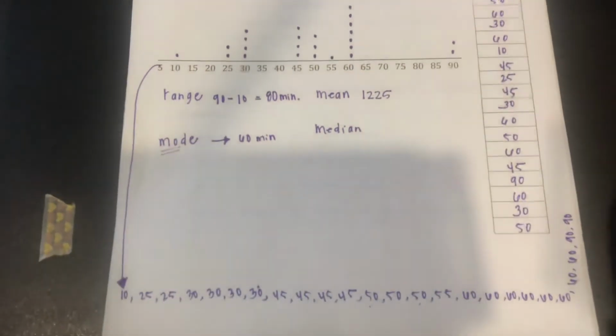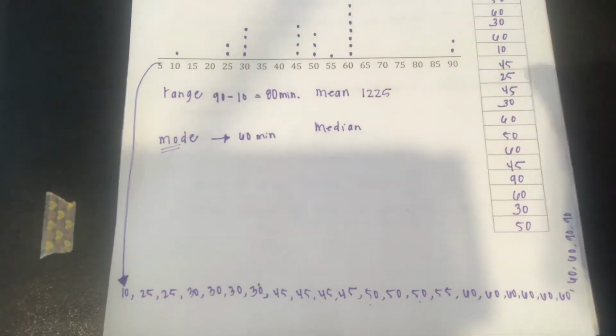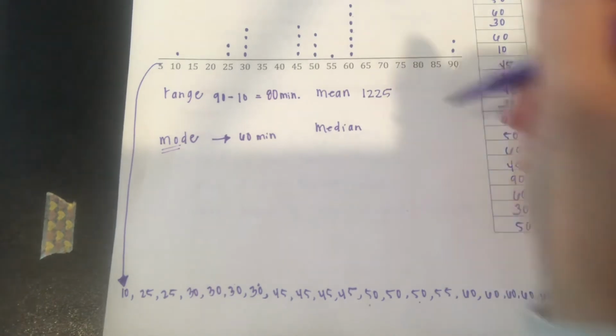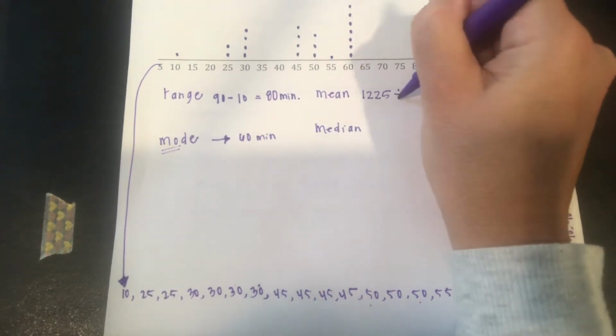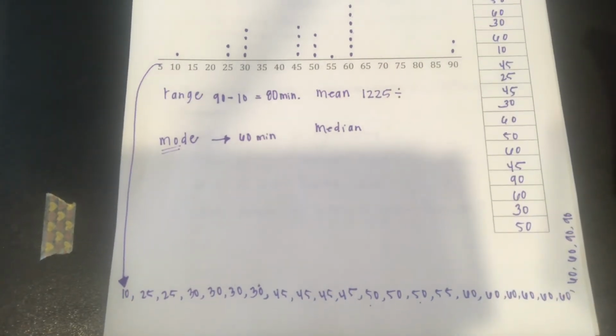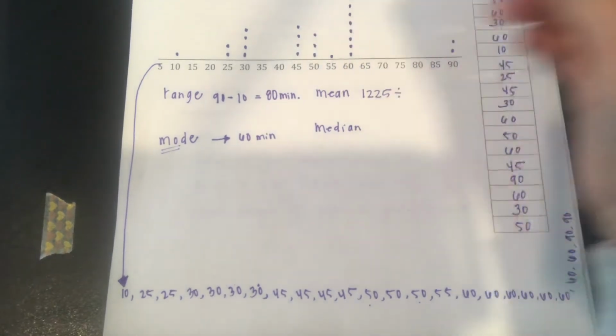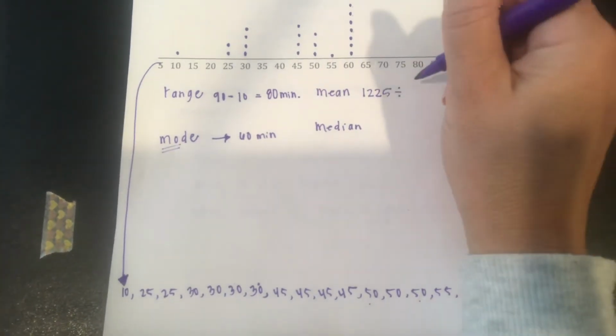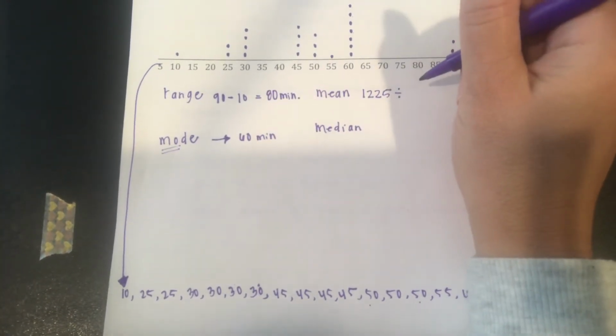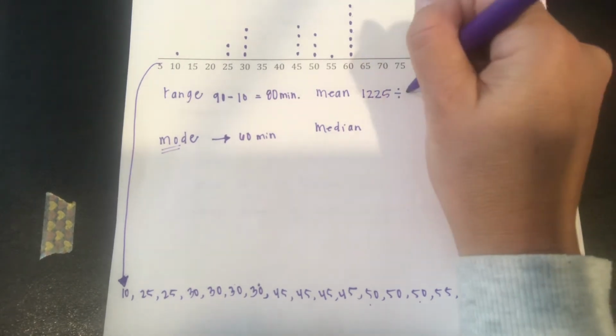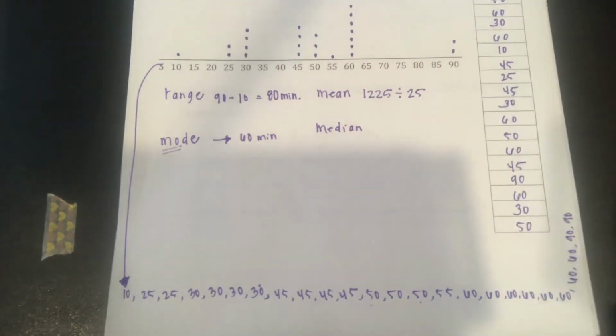Okay? Now I want to find the average. So I take the total and then I divide it by the number in the data set. And there were 25 sixth graders. So I'm going to take 1,225 and divide it by 25.